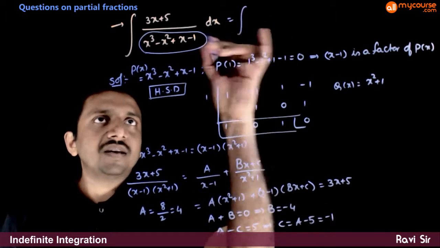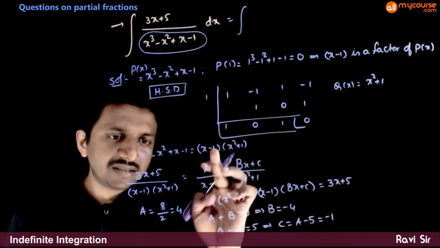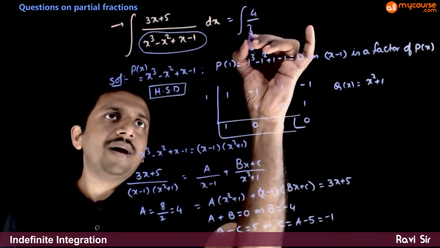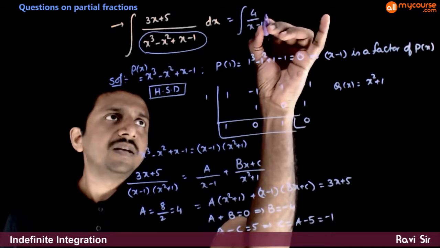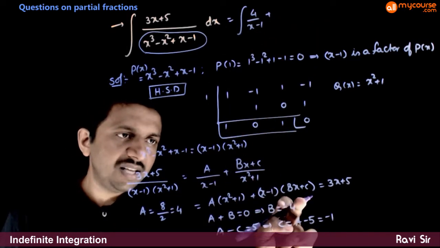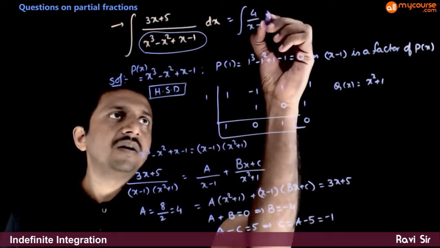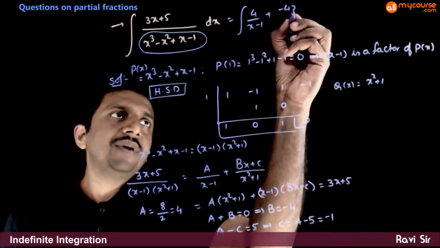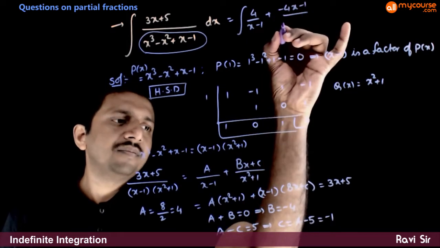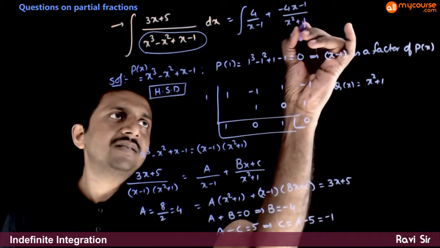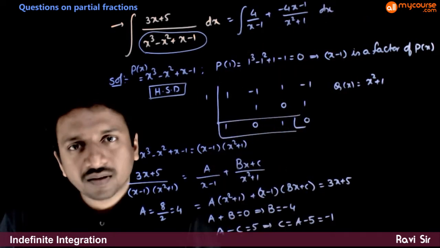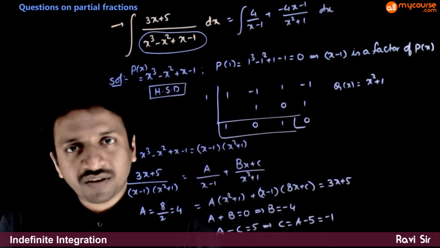So this fraction can be written as 4 by x minus 1 plus bx plus c, that is minus 4x minus 1, by x square plus 1, dx. Again, this looks like the previous question.